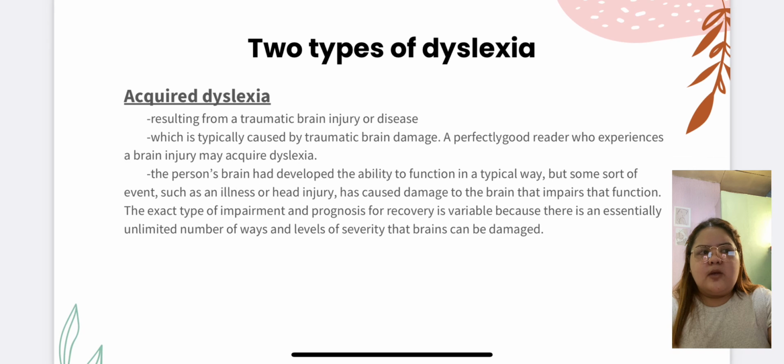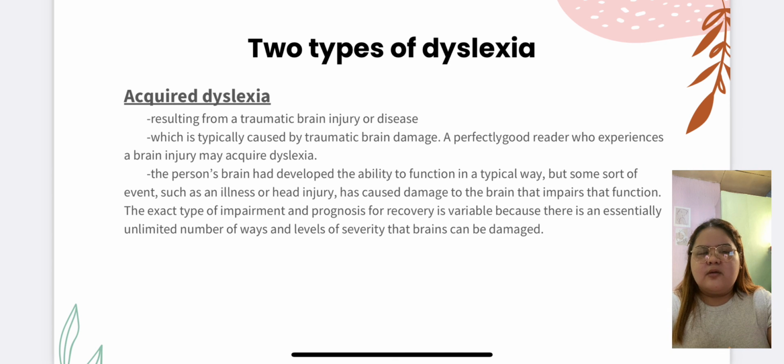So next is the acquired dyslexia, resulting from a traumatic brain injury or disease, which is typically caused by traumatic brain damage, and a perfectly good reader who experienced brain injury may acquire dyslexia. So halimbawa, guys, na-disgrasya ang isa ka tao, pero before sa iyang accident, mahilig siya magbasa sa mga books.